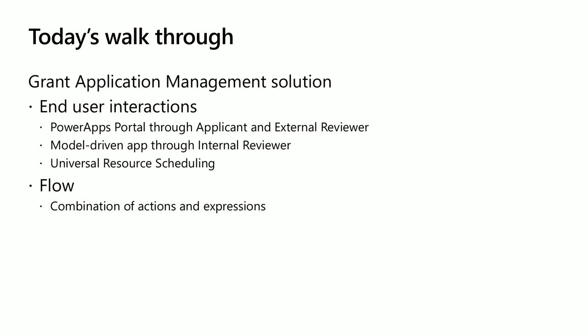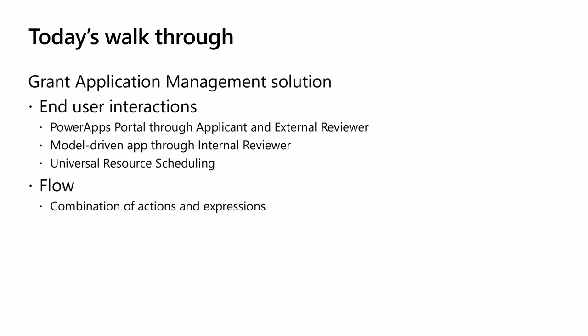In terms of the use case, you're in for a treat because not only are you going to see flow in action, you're going to see a Power Apps portal. The Power Apps portal represents the grant application management solution where you have an applicant that will submit an application, and then you also have the external reviewer who's going to log in and review that application.